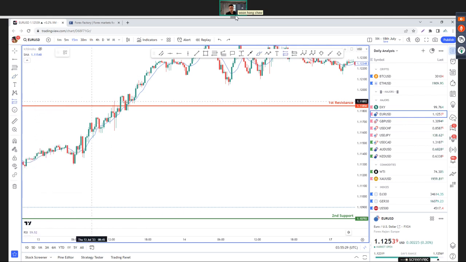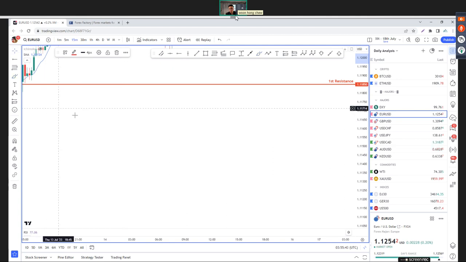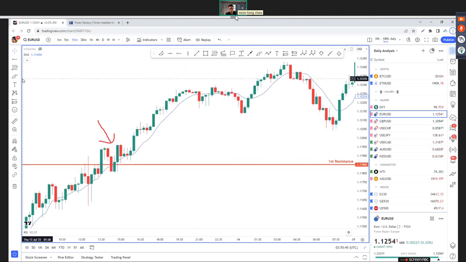Then we are looking for engulfing candles. So once it broke through with a body close, this green candle, let me just draw for you guys, this one was the body close above this first resistance. Then this was the retest.